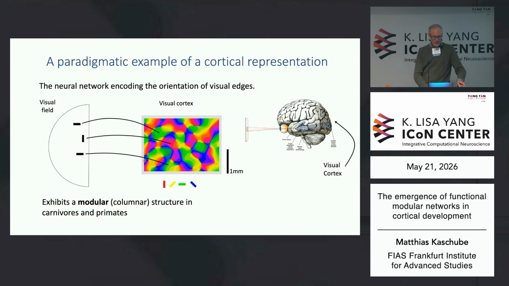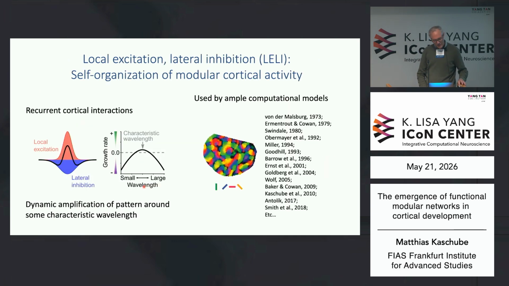This intriguing structure in the visual cortex has a very defined spatial periodicity, a characteristic spatial scale. And so it has inspired many people to model the self-organization of such structure with Turing-type, LELI-type mechanisms.